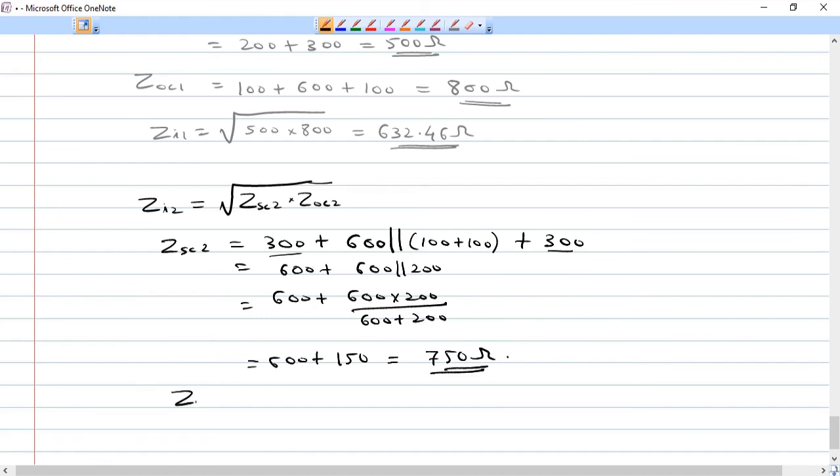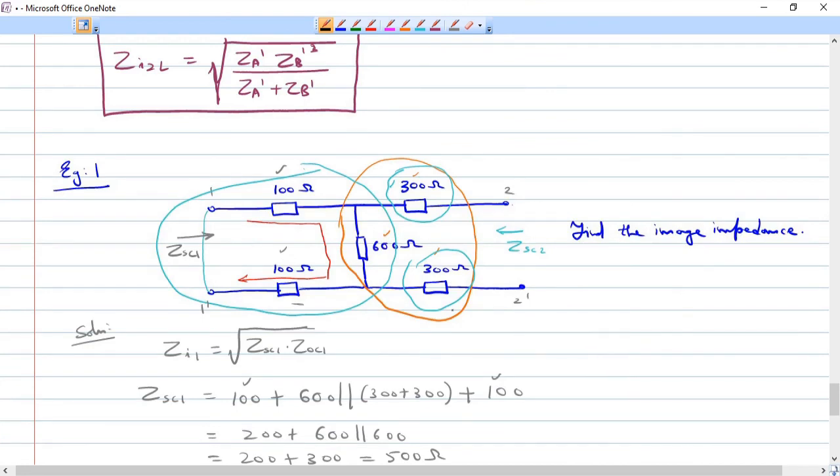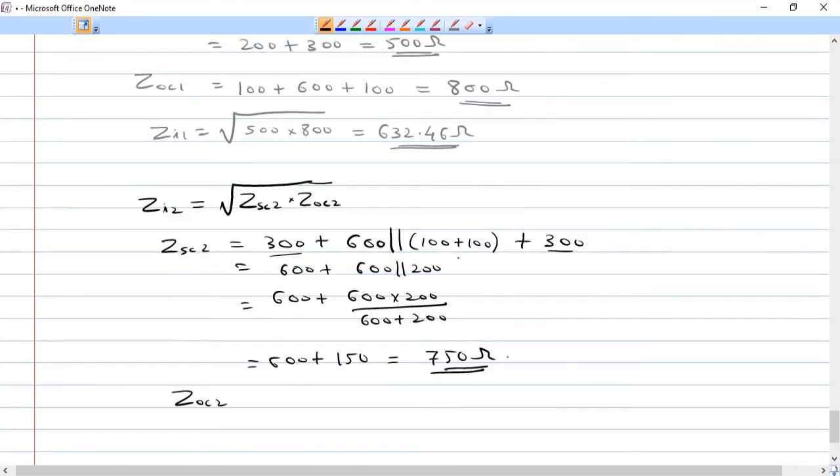And what about ZOC2? For this network, we remove this short circuit and we see that the open circuit impedance is the series combination of this 300, this 600 and this 300 ohm. So ZOC2 will be equal to 300 plus 600 plus 300, which is equal to 1200 ohm.